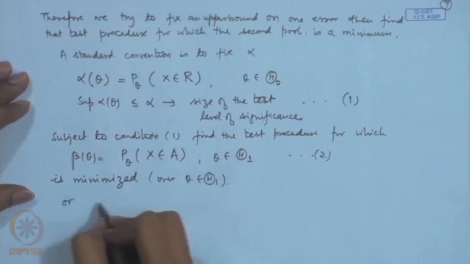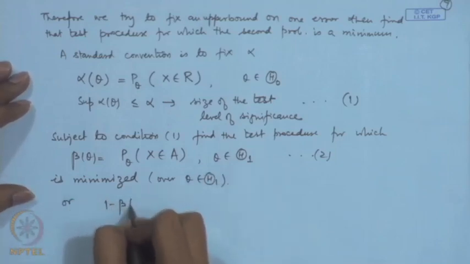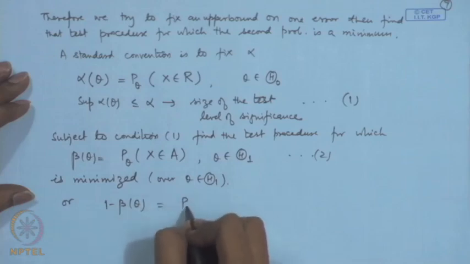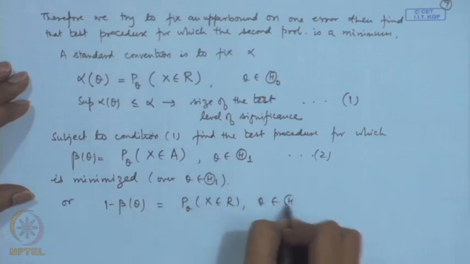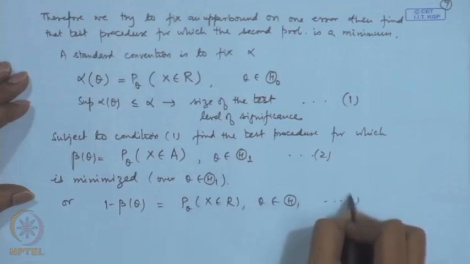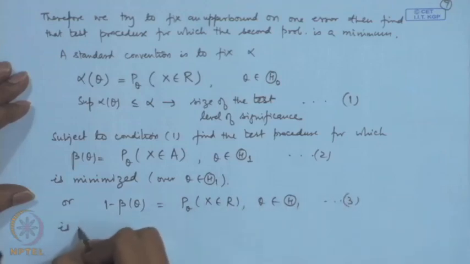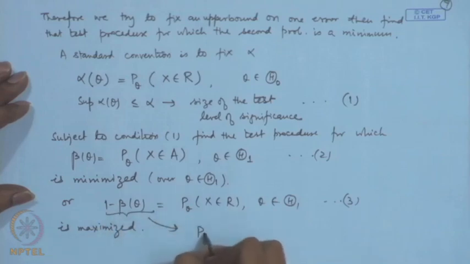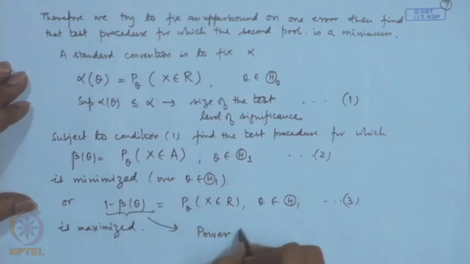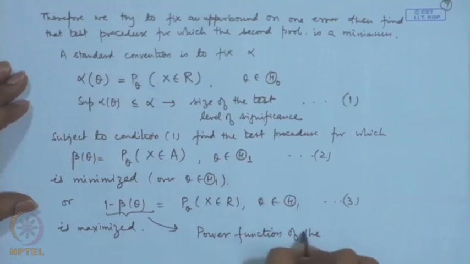We also say 1 minus beta theta, that is the probability of x belonging to R for theta belonging to theta 1, is maximized. This 1 minus beta theta is called the power function of the test.